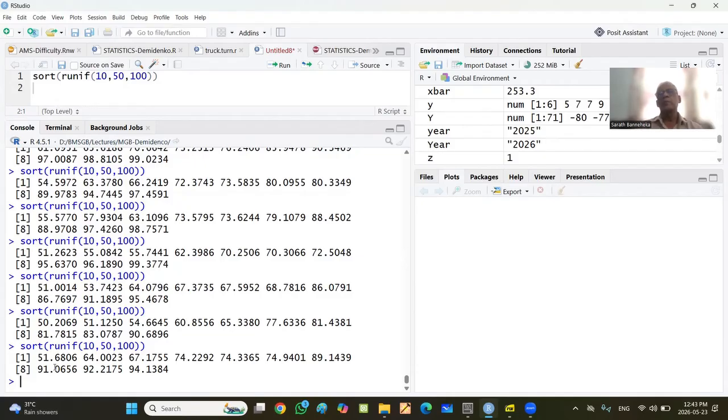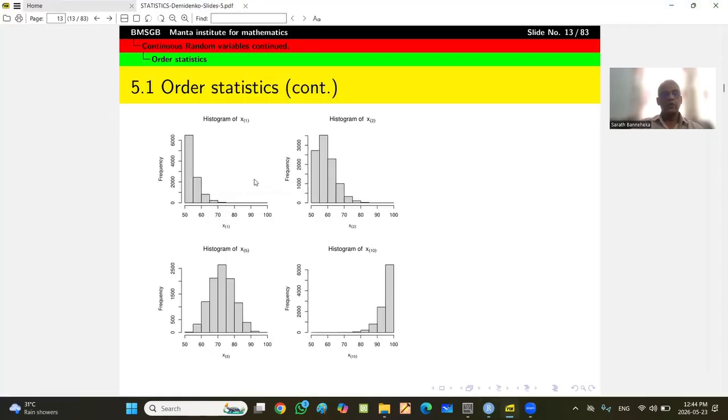The probability that the minimum value is greater than 70 or so will be almost zero. So that's why we have this histogram for the sampling distribution of the first order statistic.